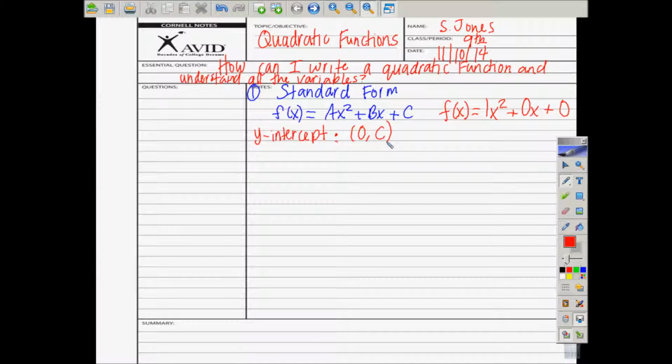So right here in our parent function, what will be my y-intercept? 0, 0. It's at the origin, which we already knew. Okay. Also in standard form, I can find my vertex.